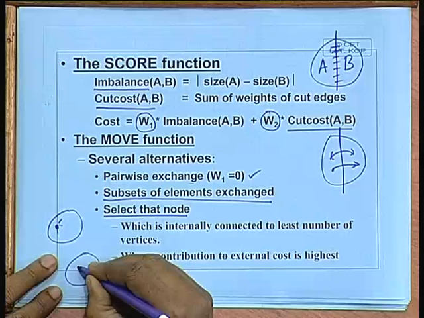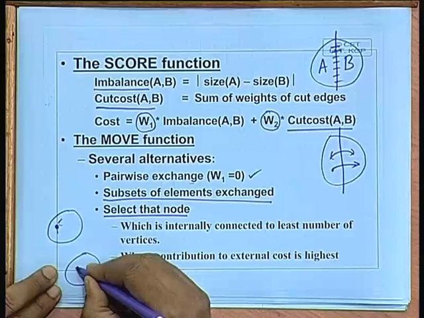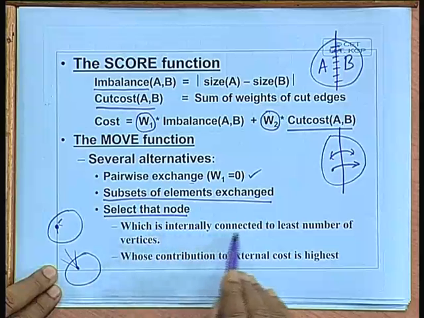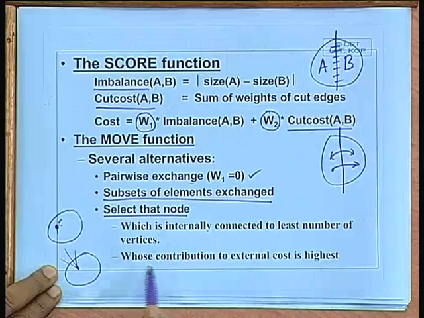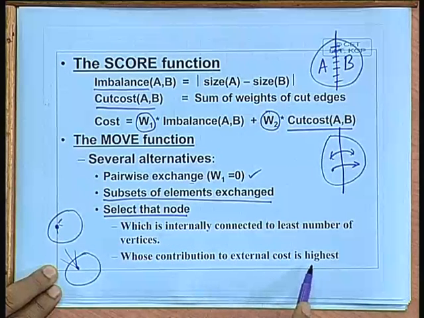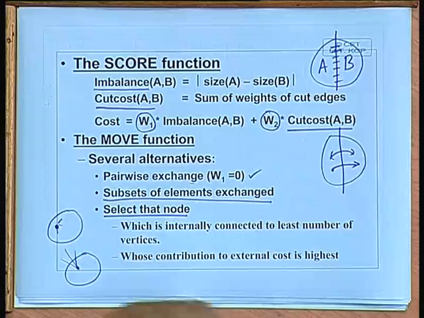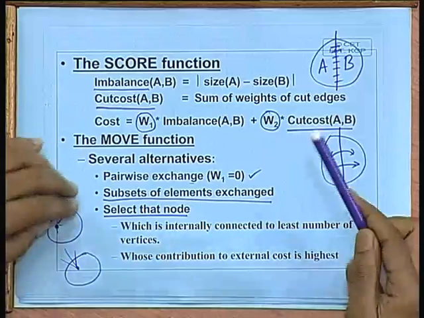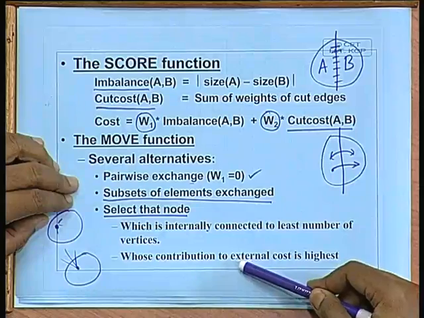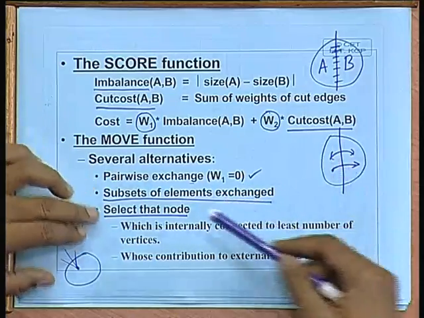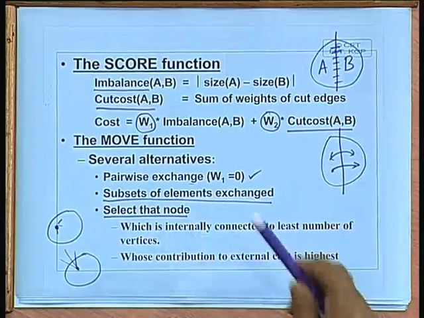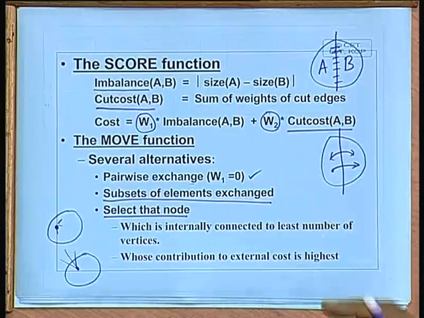Or you can try to find a node which has a lot of connections to the outside. So either it is internally connected to the least number of vertices, or its contribution to external cost is highest. You can give preference to those nodes for exchange. So it really depends, you can either select the nodes blindly or you can put a little bit of intelligence in there, so that you select the node whose exchange can possibly lead to something better.